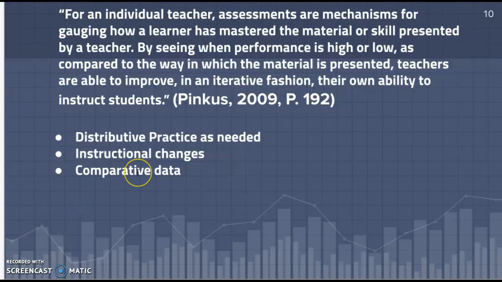And then also that comparative piece of talking to other teachers to see how they instructed on a particular skill, and making notes and taking advice on how to better instruct certain skills.